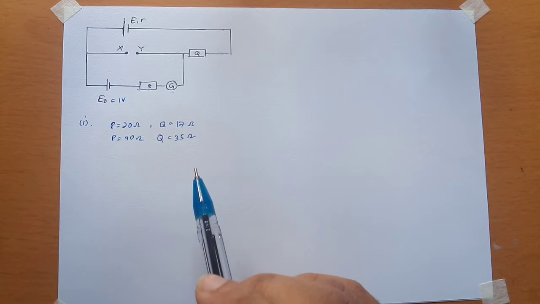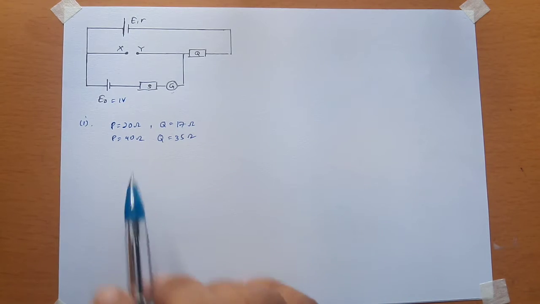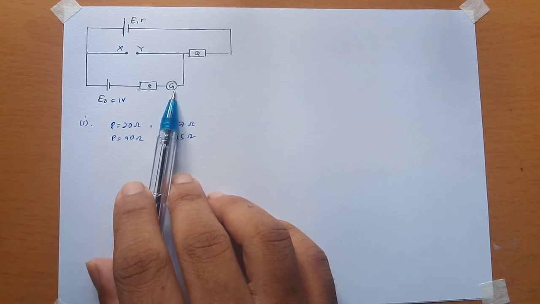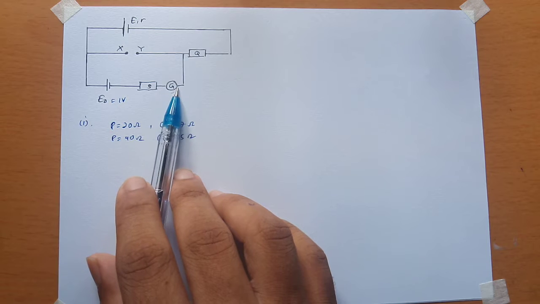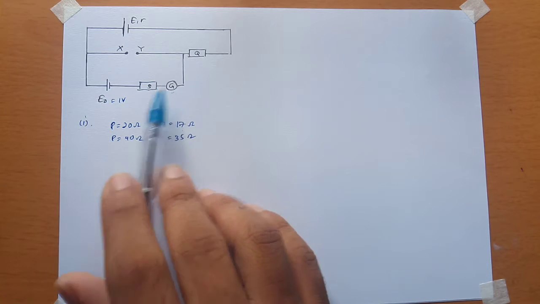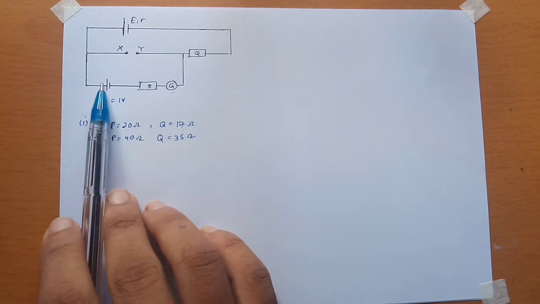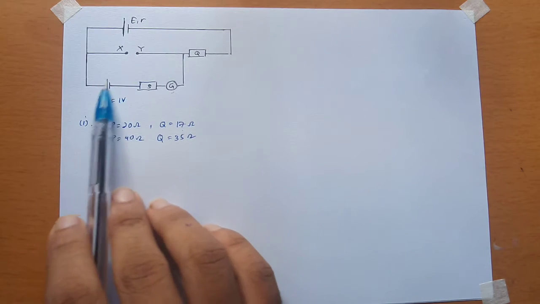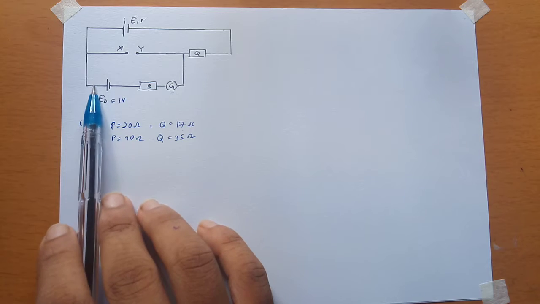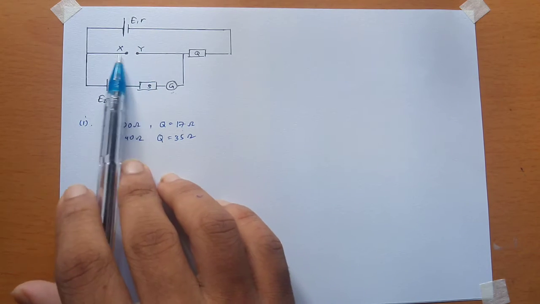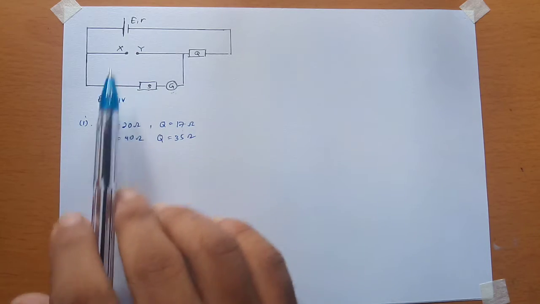Okay, so first, when P is 20 and Q equals 17 ohm, the galvanometer deflection is 0. That means no current is passing through it, so this potential difference is balanced by this one. Now I can equate these two potential differences.